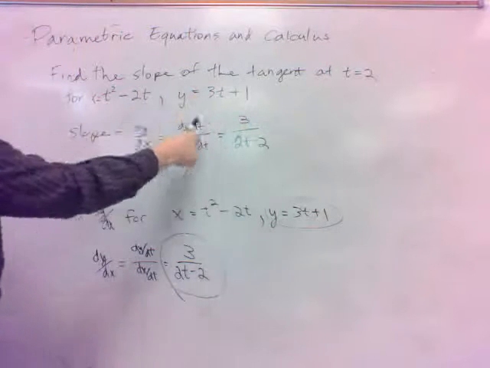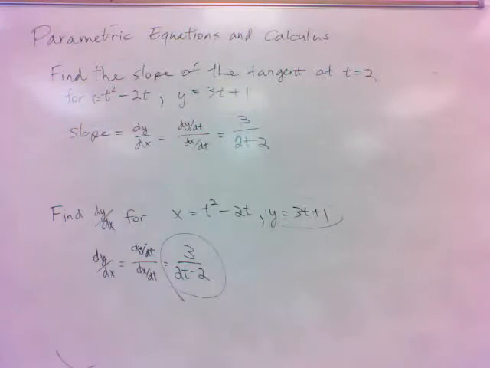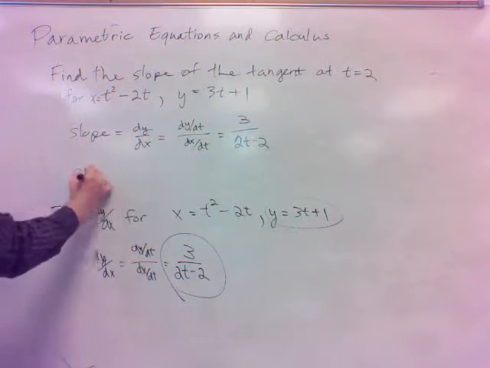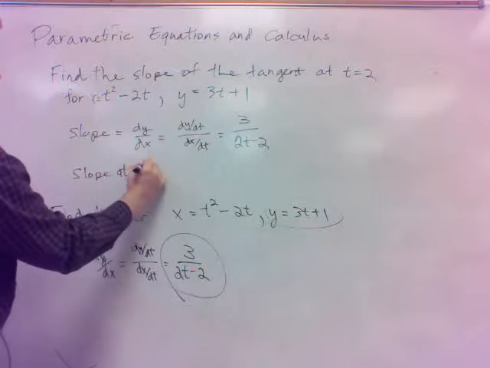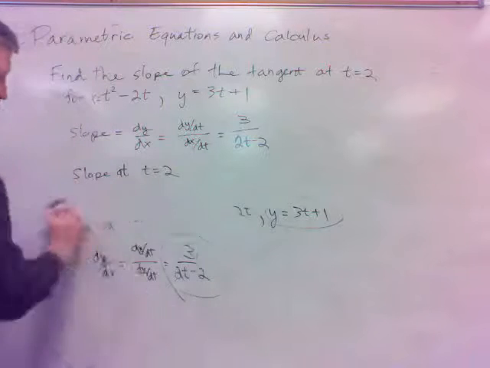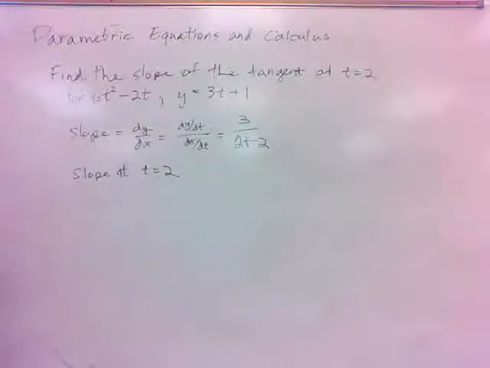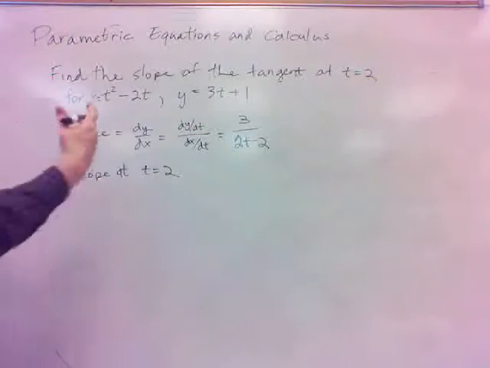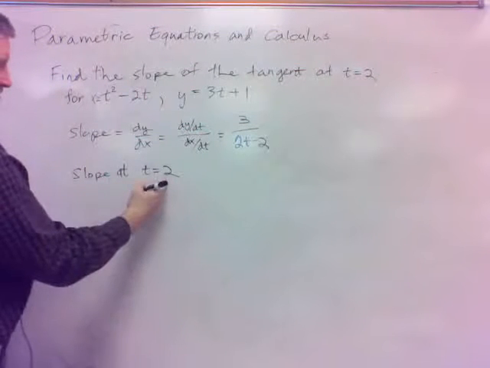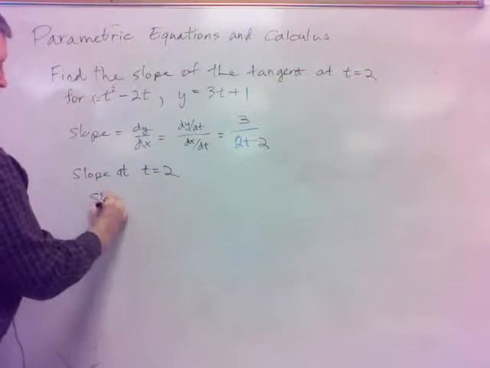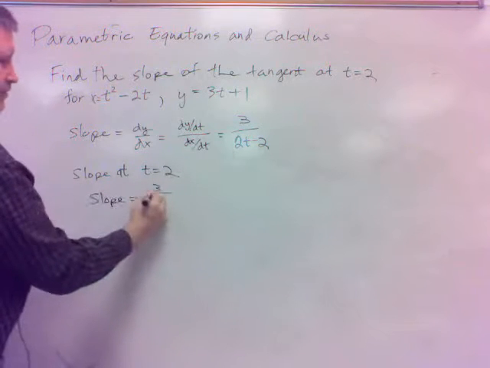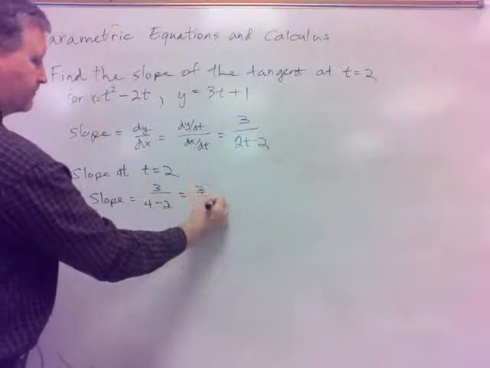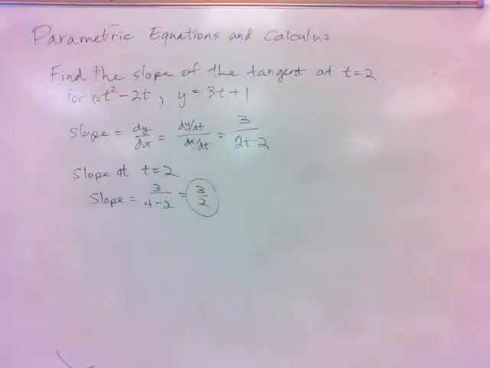It's just the derivative of the y over the derivative of the x. And here I just want in particular the slope at t equals 2. We'll just plug in t equals 2, right? Usually when we get these dy/dx's, they are in terms of t, so in this case we've got just what we need. t equals 2, so it'd be 3 over 4 minus 2, 3/2. Slope of the tangent is going to be 3/2 at t equals 2.